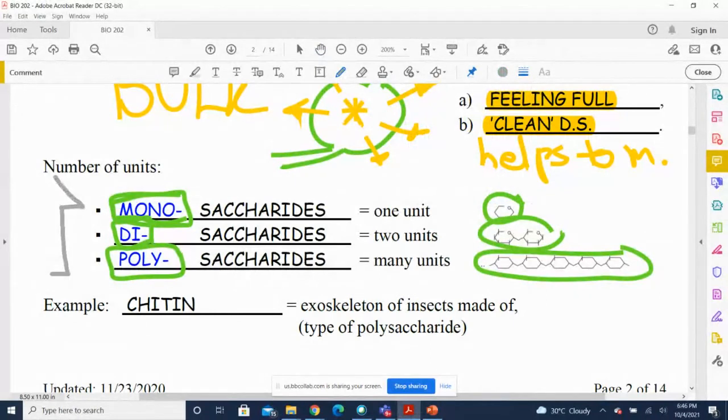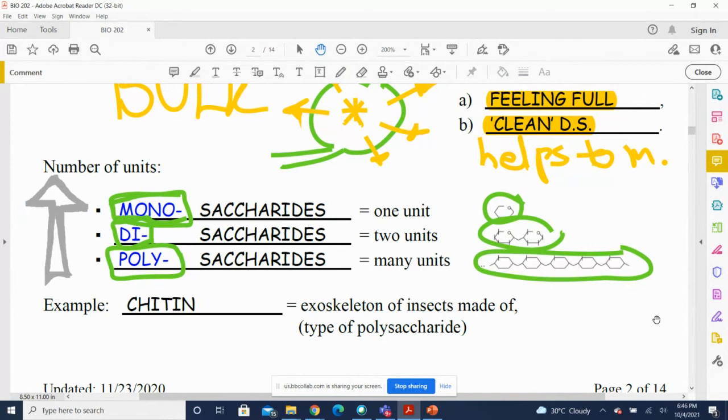The reason is that if we get only mono or disaccharides from our diet, your body goes crazy and burns those off immediately. So if you need more carbohydrates later on, they're no longer stored there. We've actually already burnt them off. So by eating these more complex carbs, we ensure that they are going to be sticking around for whenever they're needed.